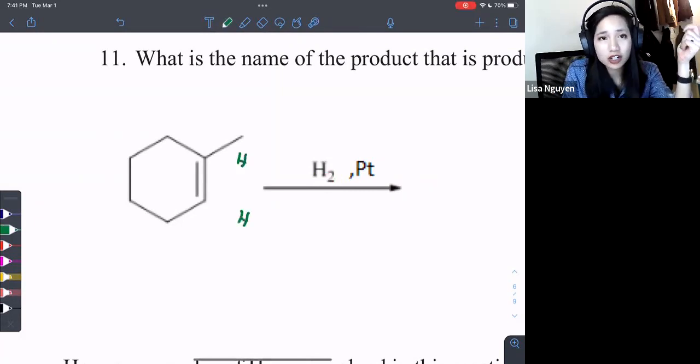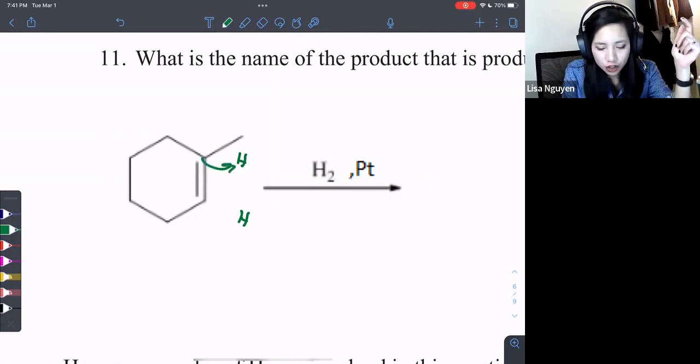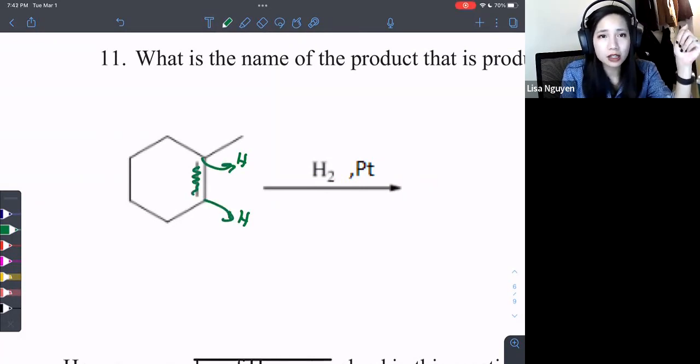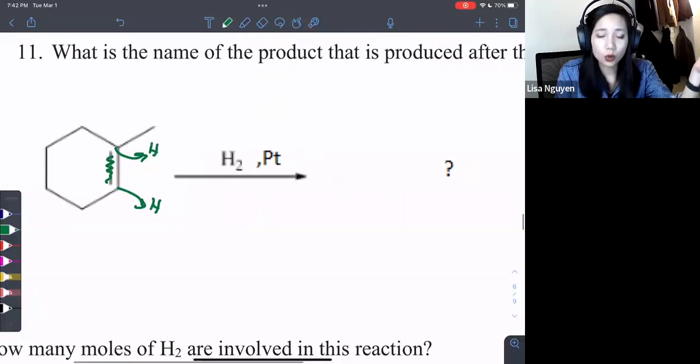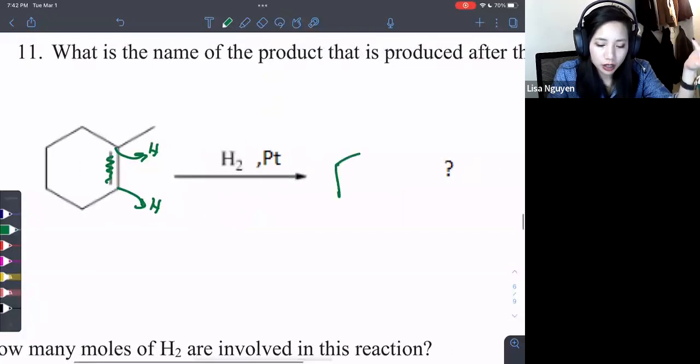So I like hydrogenations because they're a lot easier. We undo the double bond and then this molecule gains hydrogens on those two carbon atoms. So that's the new molecule. So we just essentially redraw the molecule, but without any double bonds. That's what a hydrogenation is, where we saturate the molecule with hydrogen atoms instead of having double bonds.